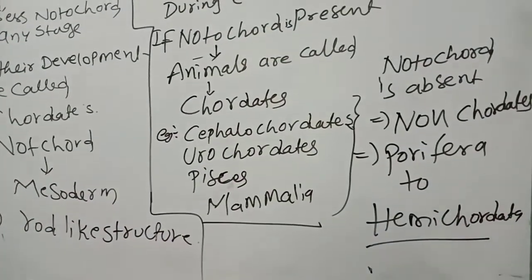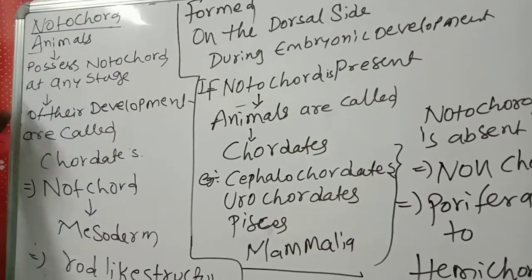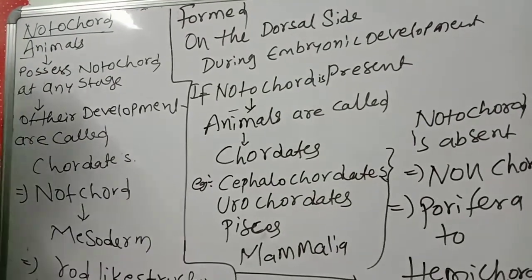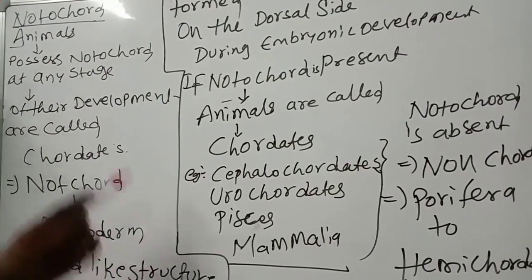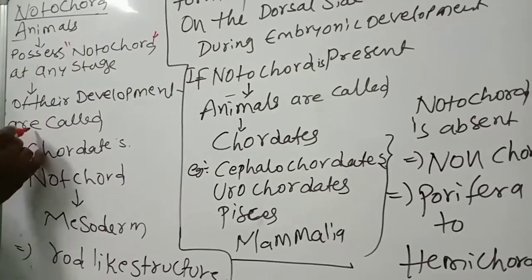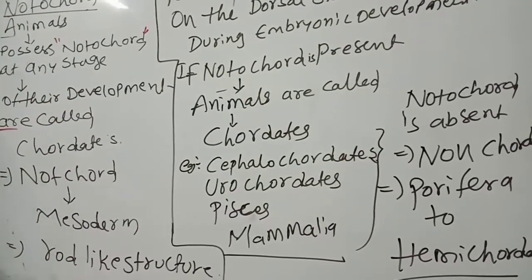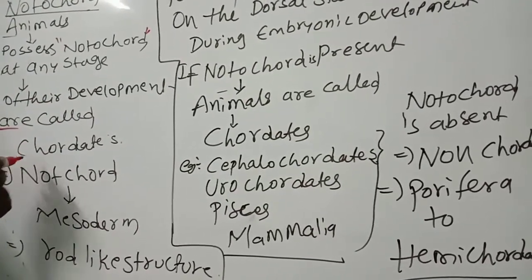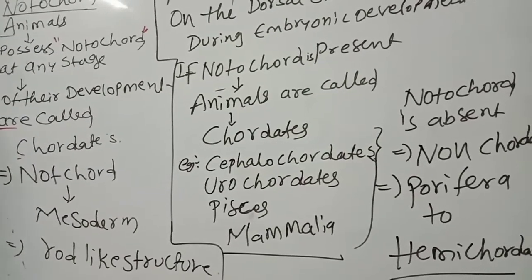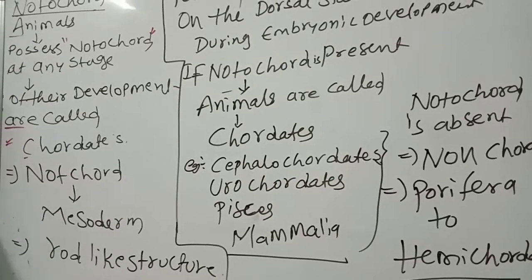So what did we discuss, children? Notochord. The animals that possess a rod-like notochord at any stage of their development, either larval stage or adult stage, are called chordates.